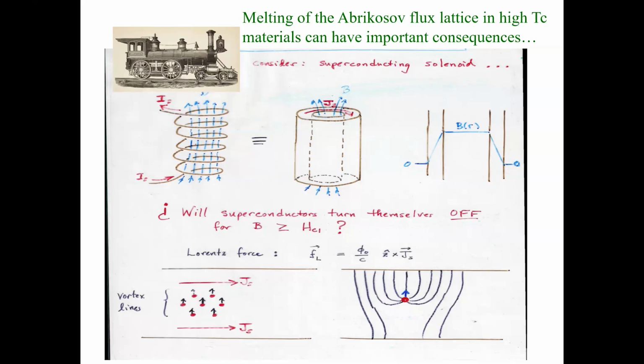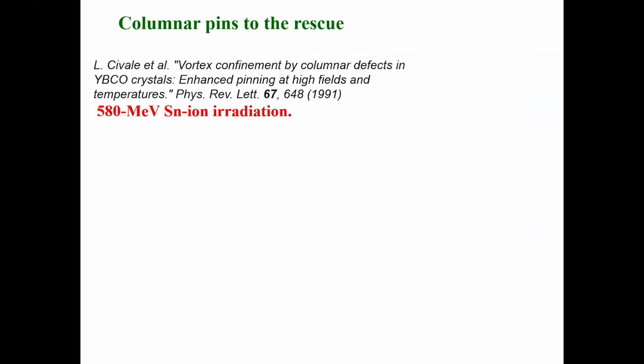But now they found a very clever way, maybe not economically practical, but it works in the lab, to stop this annoying motion of the flux. And this trick is called columnar pins, and it comes to us by a collaboration with nuclear physics.